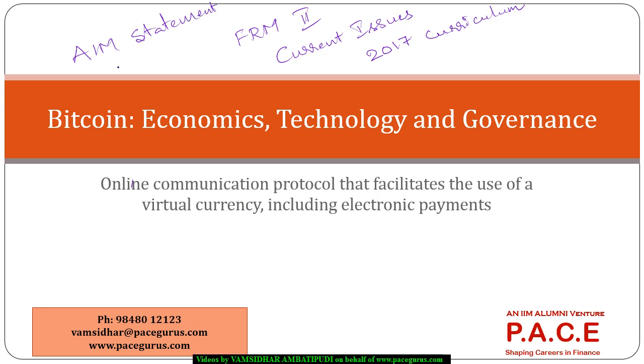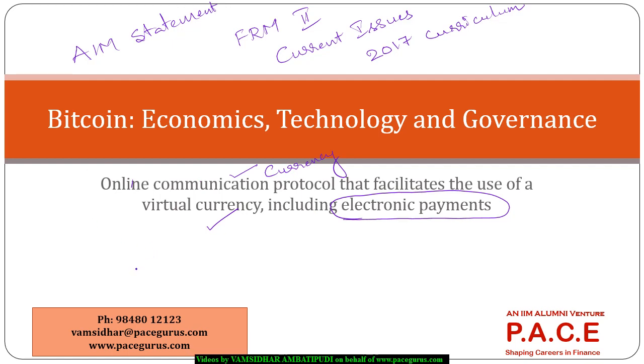So this particular topic, Bitcoin, actually it's an online communication protocol as well as a currency in itself, which facilitates the use of virtual currency. It's not one single currency, it's a virtual currency, but that virtual currency can very well be used for various electronic payments.